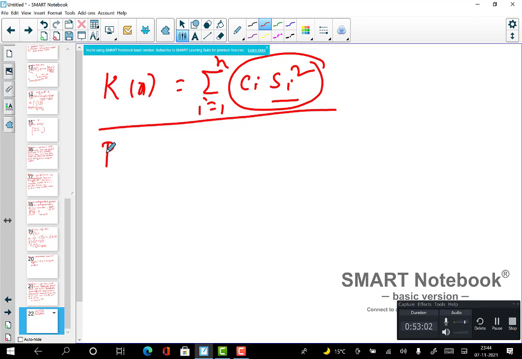Okay, so what is the proof? Proof. This K is given, so that means there must be a symmetric bilinear form, right?